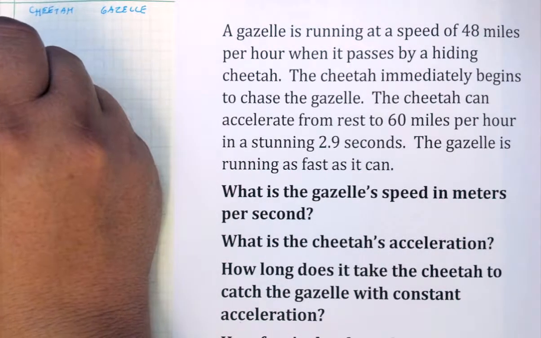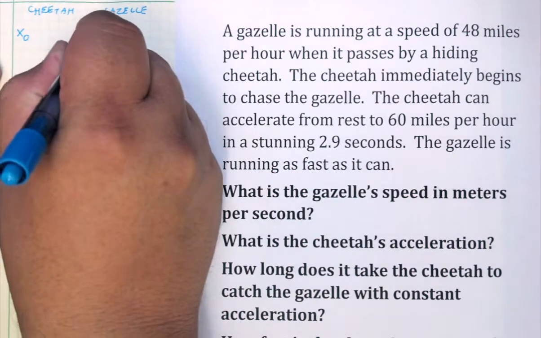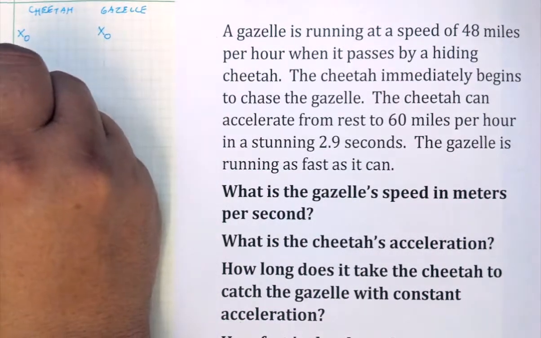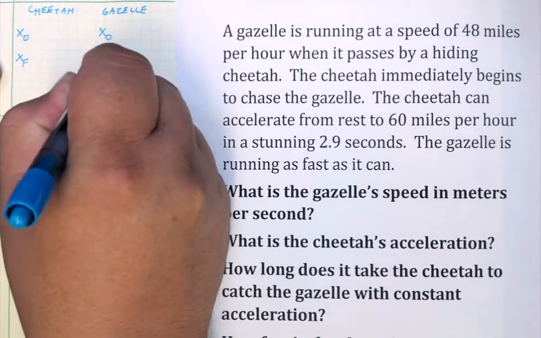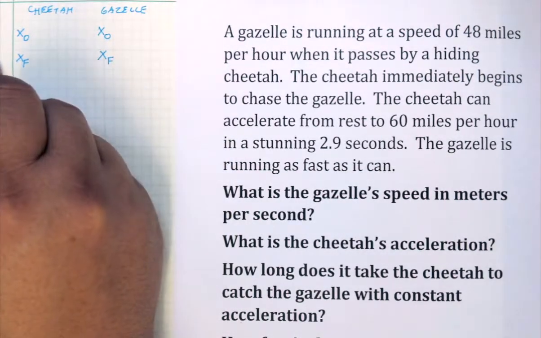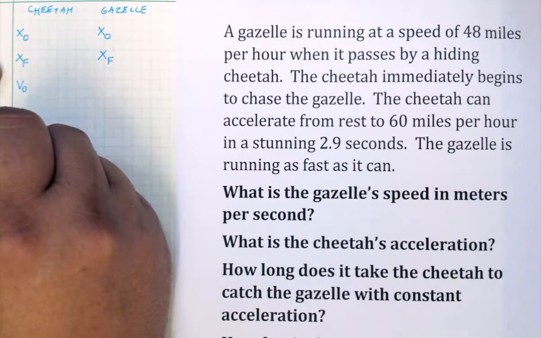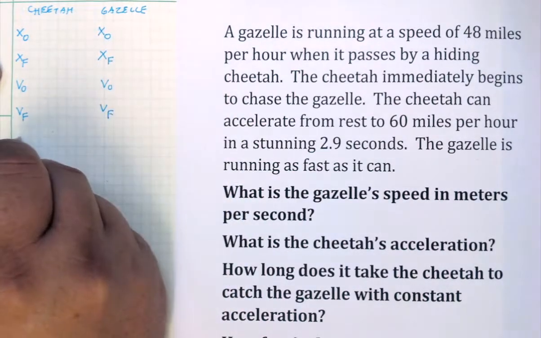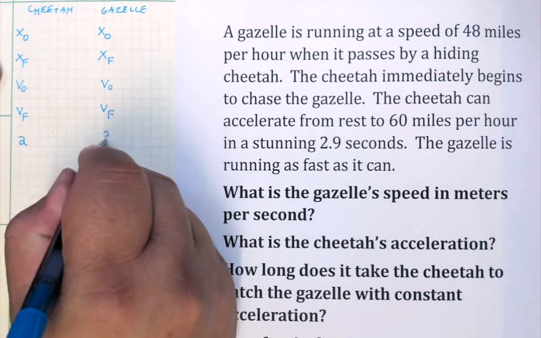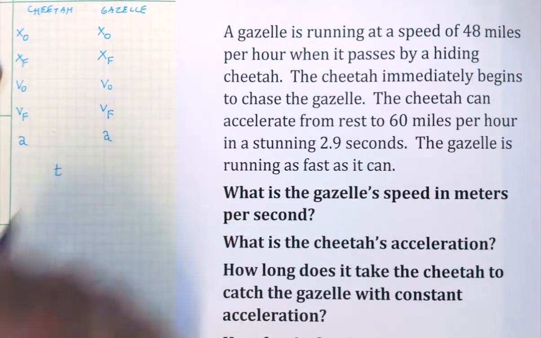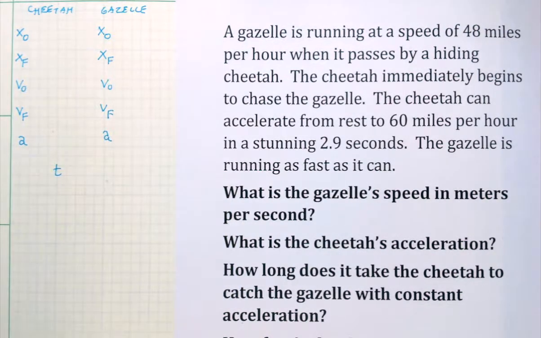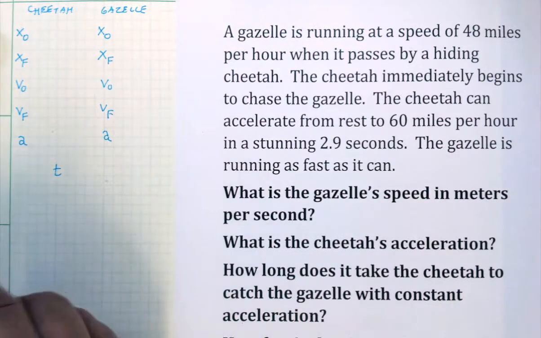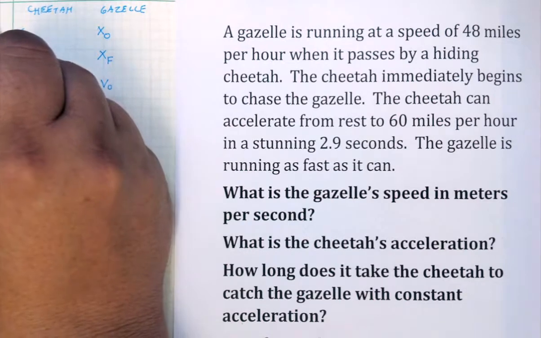As before, we note that there are always going to be 6 variables for any kinematics problem: initial and final position, initial and final velocity, acceleration, and time. In this case, however, we have to keep track of separately the quantities for the cheetah and the gazelle.